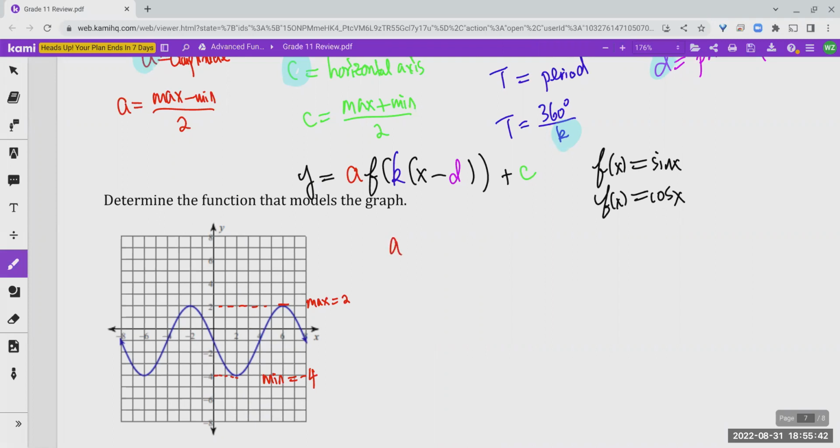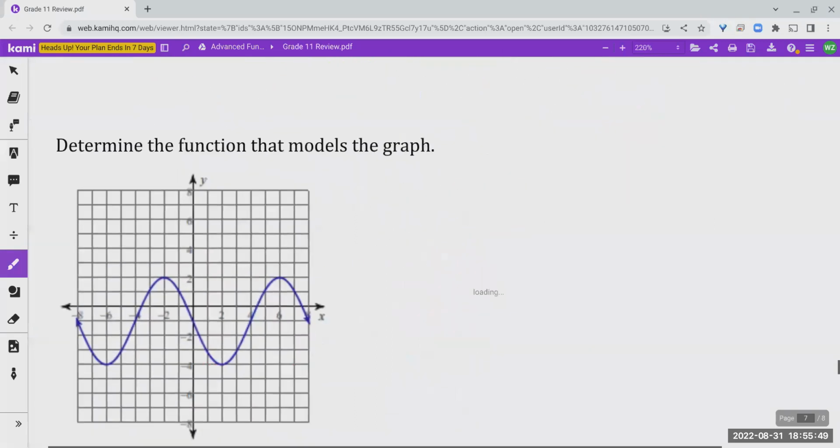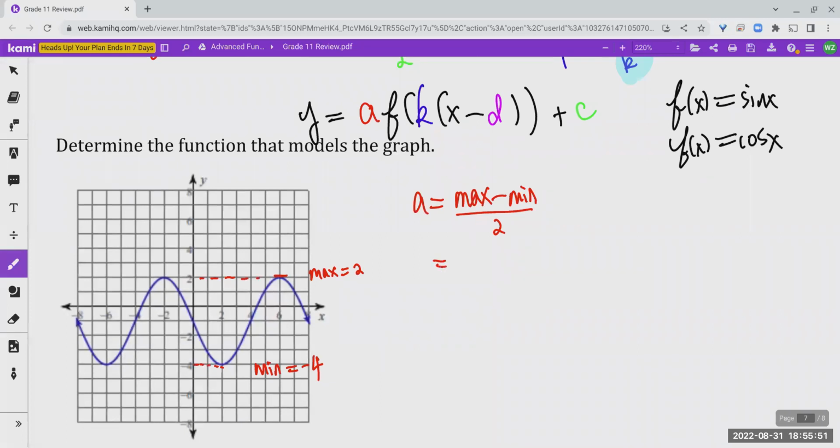A is the amplitude, which is max minus min over 2. Oh, I know what the max is. I just looked on the graph, so that's 2. The minimum is -4. Be careful, it's minus the minimum. So if the minimum is negative, you minus the negative number over 2. So that is 2 plus 4 is 6 over 2 is 3. So A is 3. Cool, we found A.